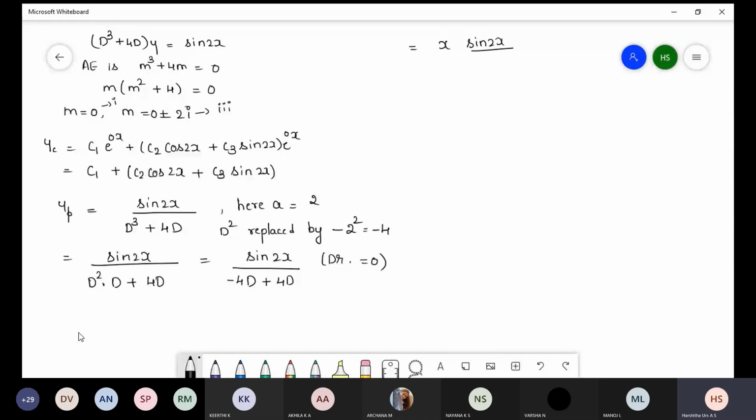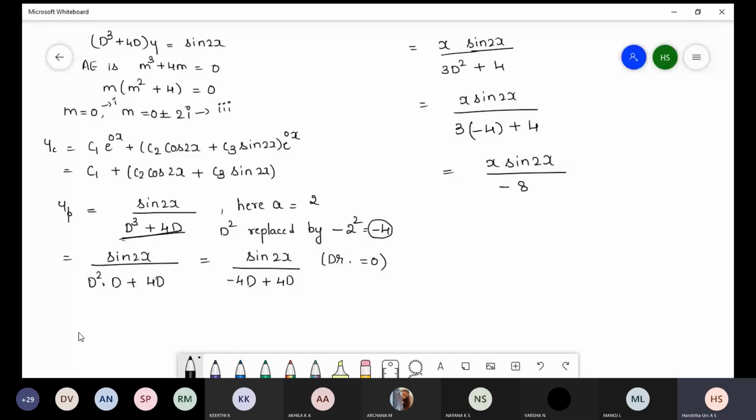Differentiation of this f of d. Differentiation of this f of d means d cube differentiation is 3d square plus 4. Again x into sin 2x. Here also we have to replace d square is equal to minus 4, plus 4 I will write as it is. x into sin 2x divided by minus 12 plus 4 is minus 8.